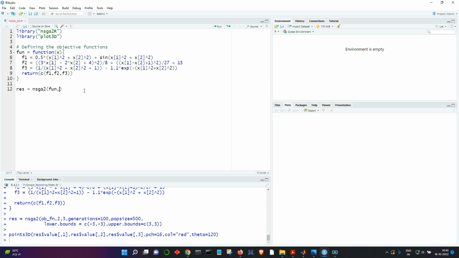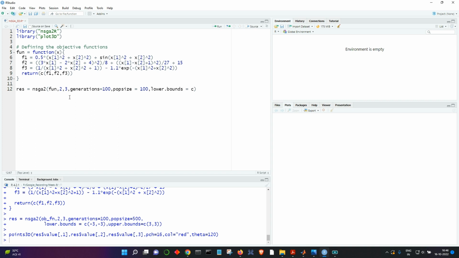So first is the objective function. Second is the number of variables, then number of objective functions, and generations. Let's say we give 100 in the start, and we give pop size, let's say 100 that also, and lower.bounds. So something different here.